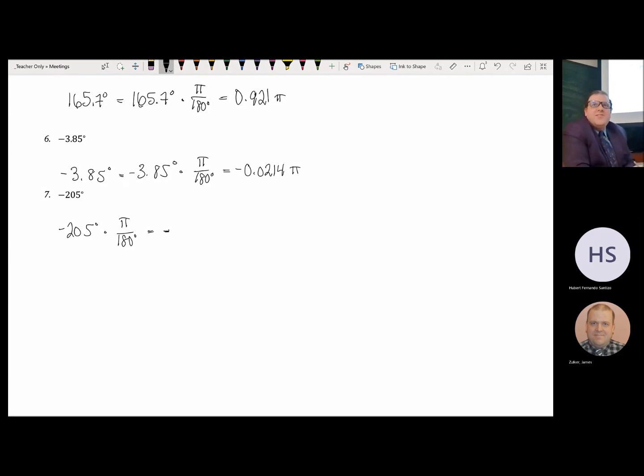So these are exact. There's no decimals, you always keep it in an exact form. Just cancel out 5, which leaves you with what? Negative 41 over 36. Negative 41 pi over 36.